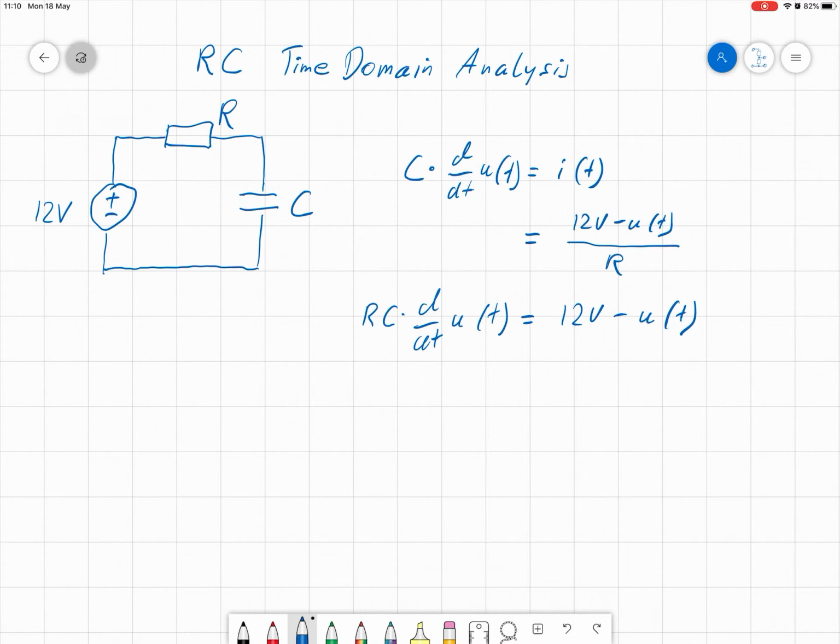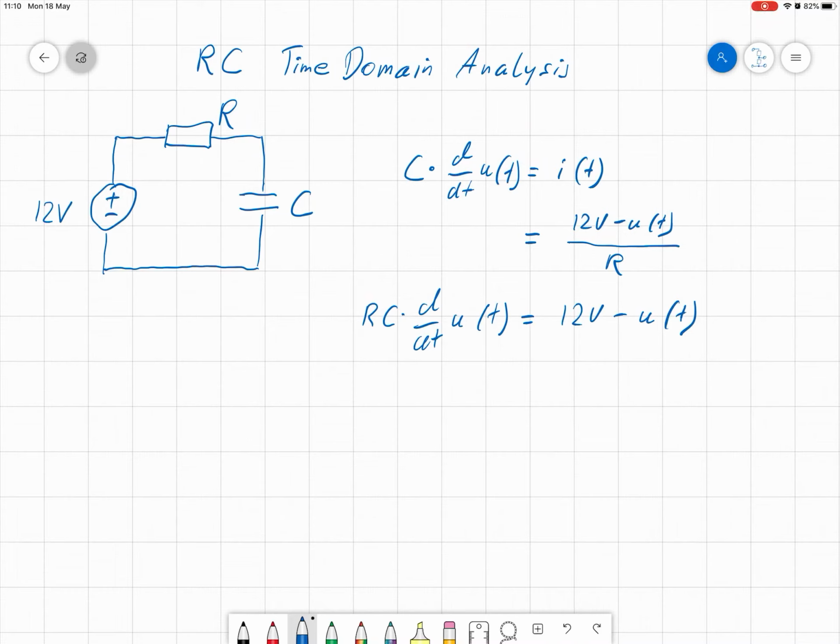There are a number of ways of doing this, but my favorite one is by far one called Ansatz, which means you guess the solution. How do we guess the solution? If it is a first order system, we know that the solution is an exponential function.